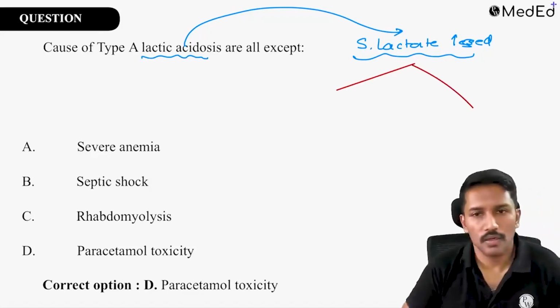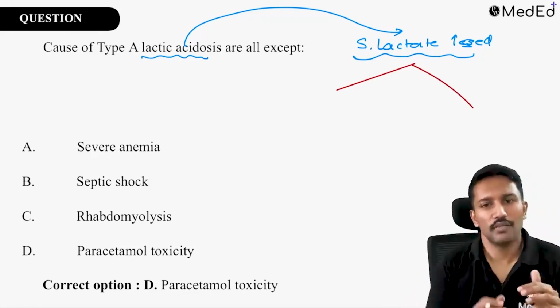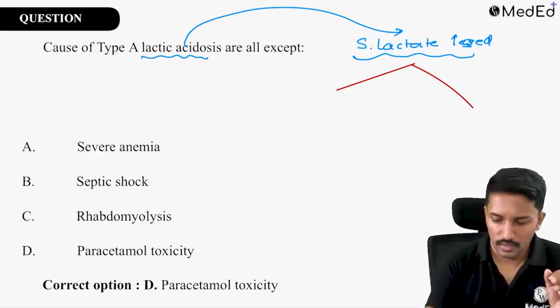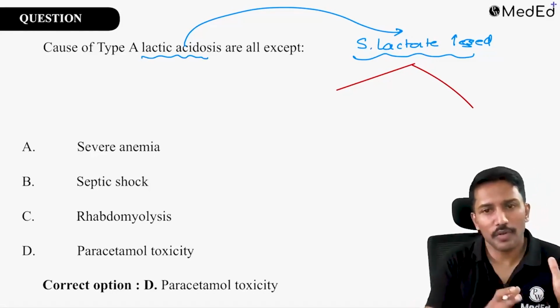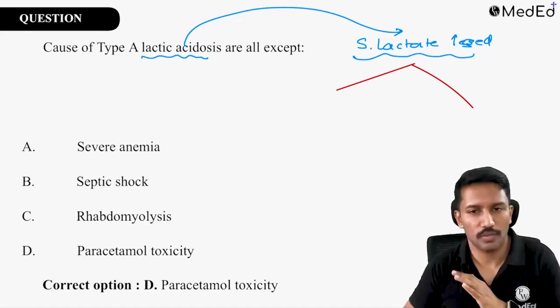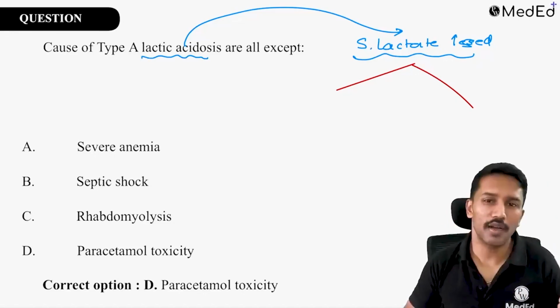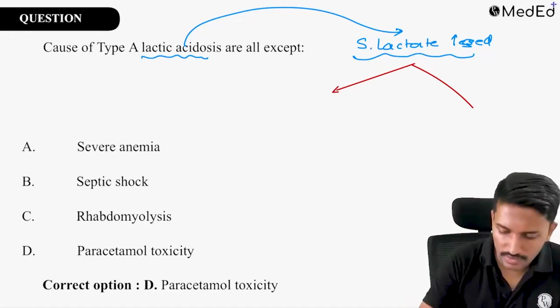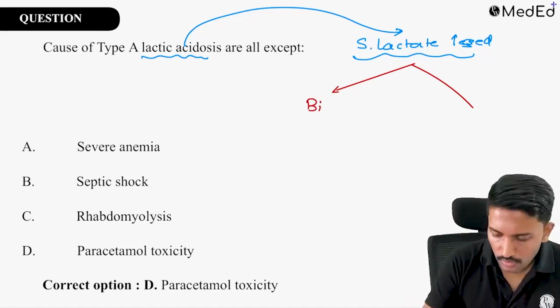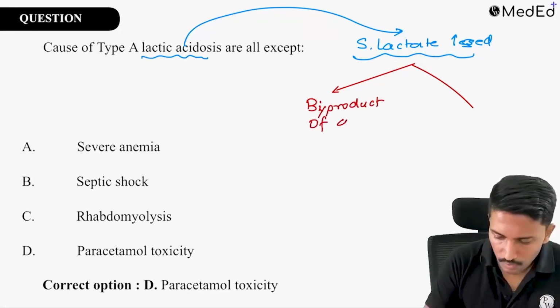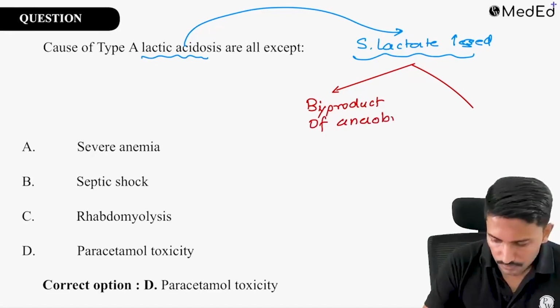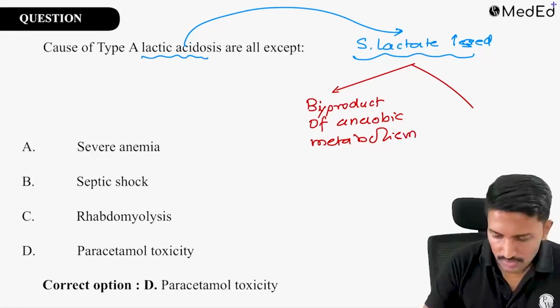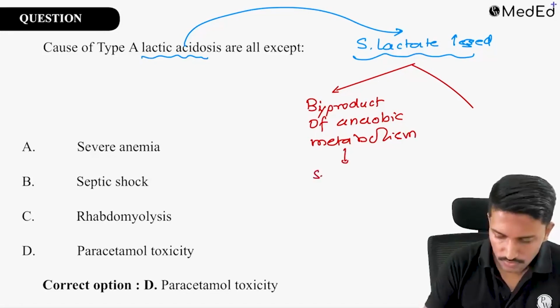Normally, if you have tissue hypoxia, then we switch the metabolism from aerobic to anaerobic metabolism, and lactate is a byproduct of anaerobic metabolism. So elevated lactate can be a byproduct of anaerobic metabolism, and that would typically happen when there is hypoxia.